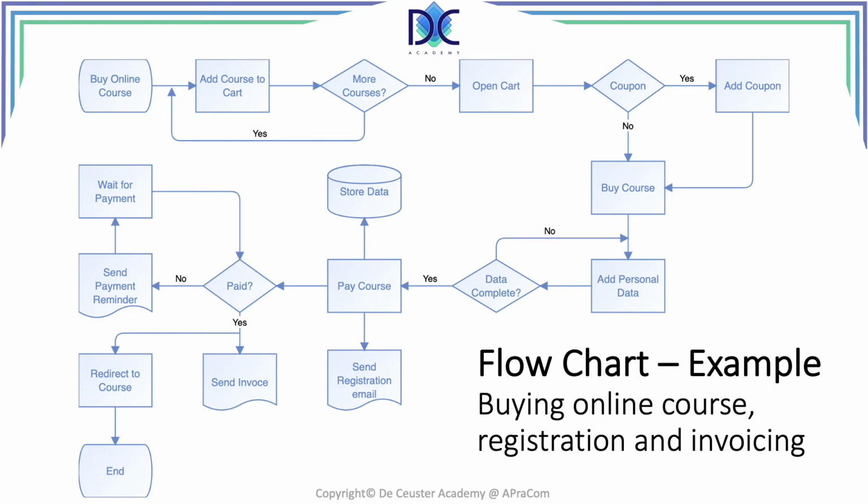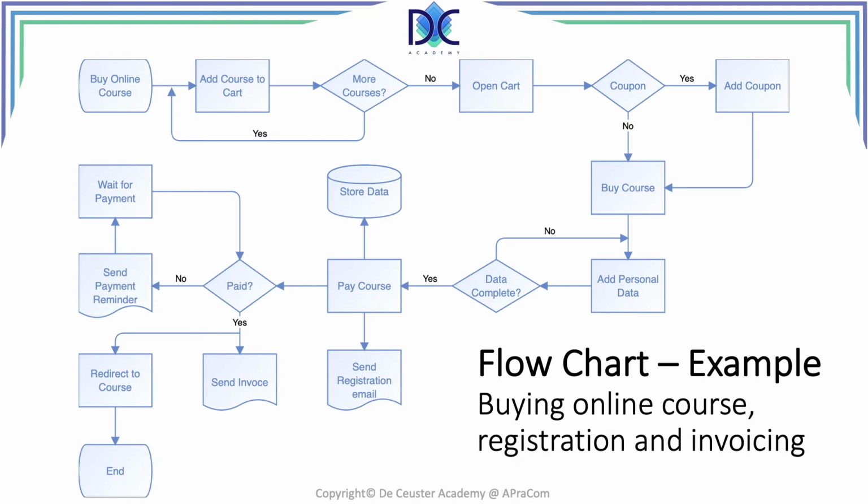Well, it depends. Did they pay? If they didn't pay, we may have to send a payment reminder. We have to wait for the payment, and we have to verify. Once the course has been paid, there are two actions to do. First of all, we send out the invoice saying that the course has been paid, and we redirect to the course or to the courses, and the process ends here.